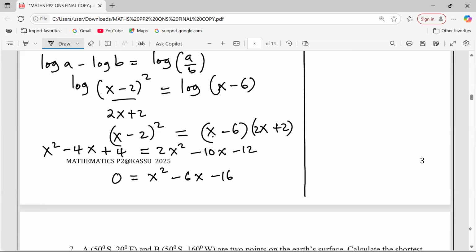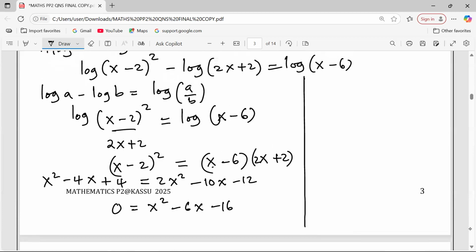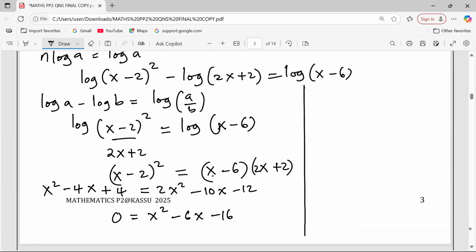There are several methods. Let me prefer factorization for once. We work with a product of a times c, that is negative 16, and a sum of b, negative 6. This could be negative 8 and a positive 2.